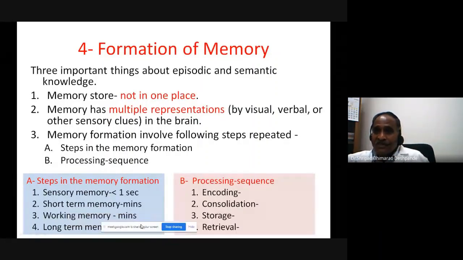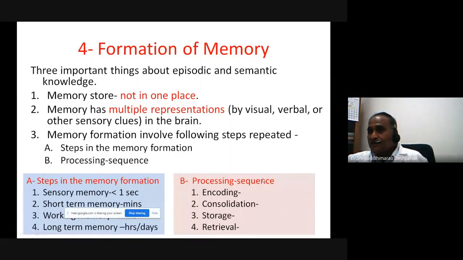So now these are four components here. Another four components here show how the memory is processed. It is processed in a sequence. The encoding, that is codification. Then storing, that is consolidation, which means before storing it has to be consolidated or processed. That processing is called consolidation.